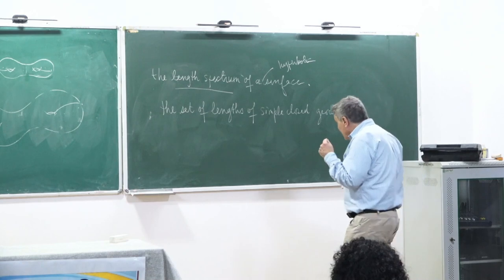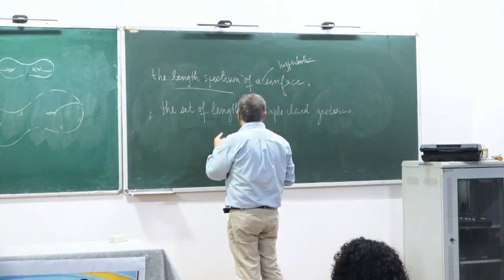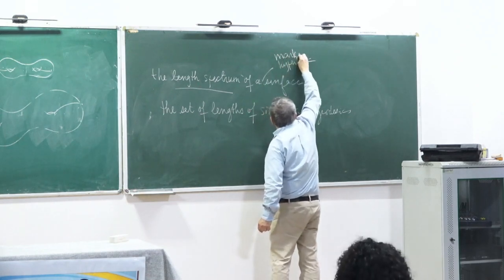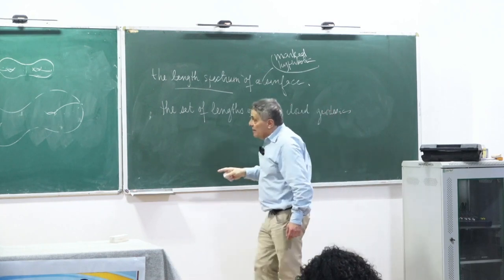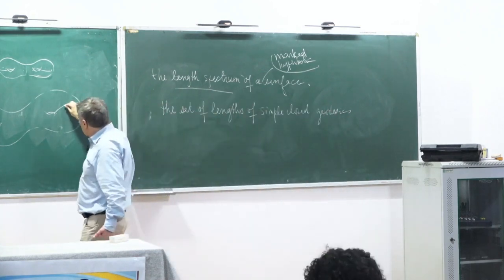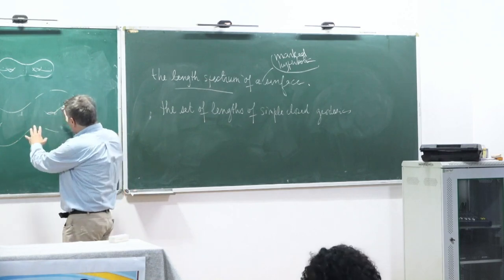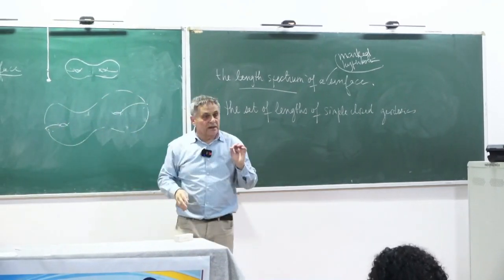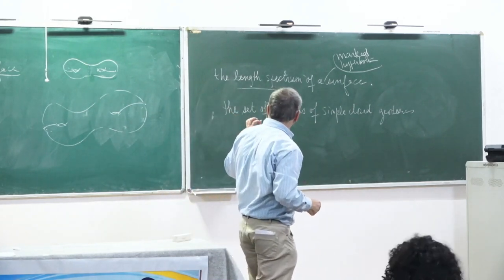But here, I want to consider the marked hyperbolic surface, because even if there's some isometry which may take this side to this side, I want to consider them as different surfaces, and this is why I introduced the marking.